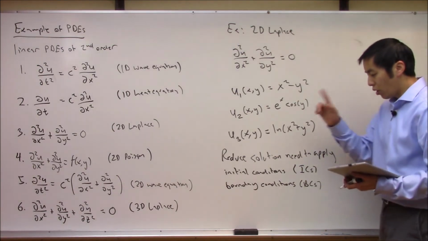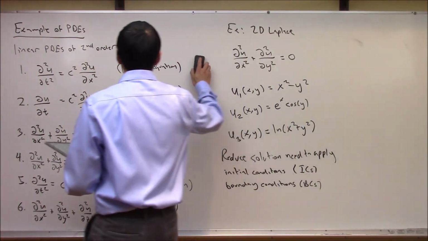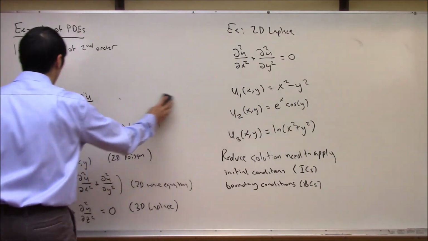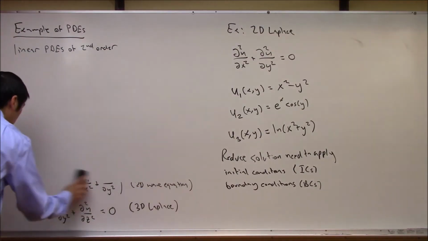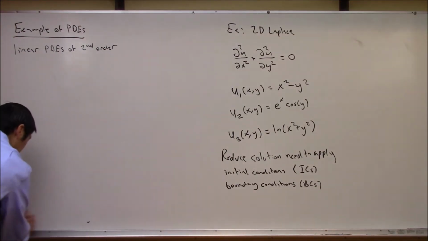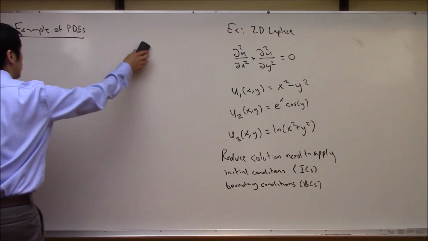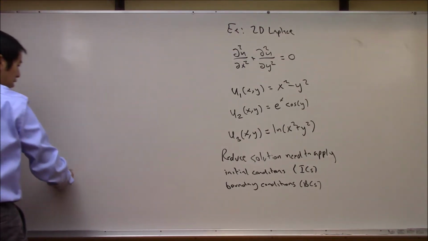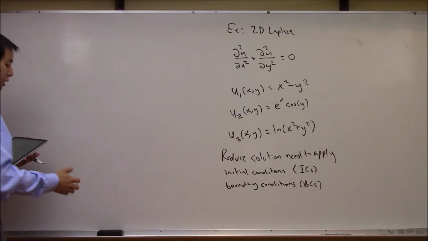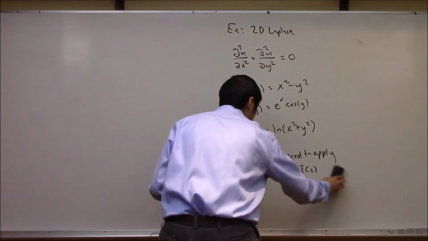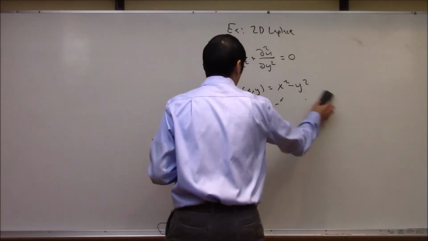Okay, so with that, that brings us to an interesting discussion. We saw that a PDE might have multiple solutions here. One question you might ask yourself is, if I find 2 solutions to a PDE, could I generate a third solution based on those 2 solutions that I already found?